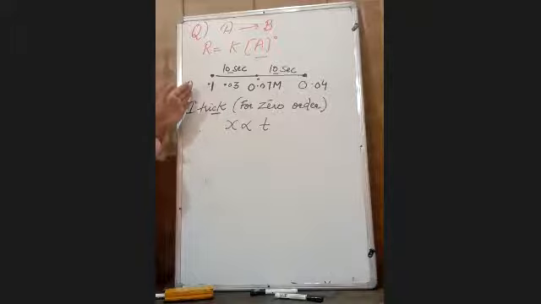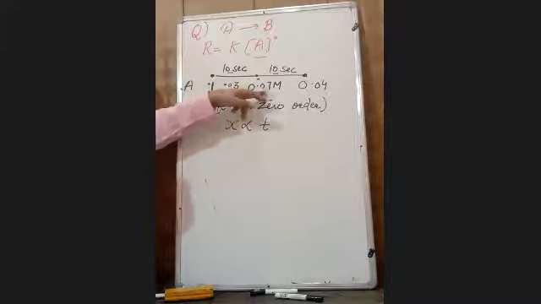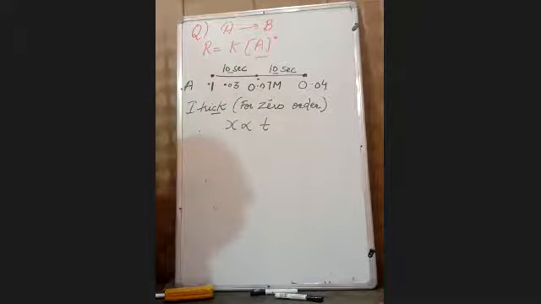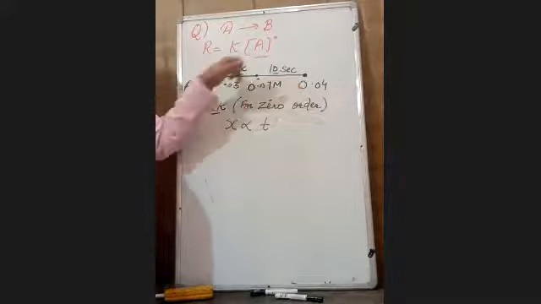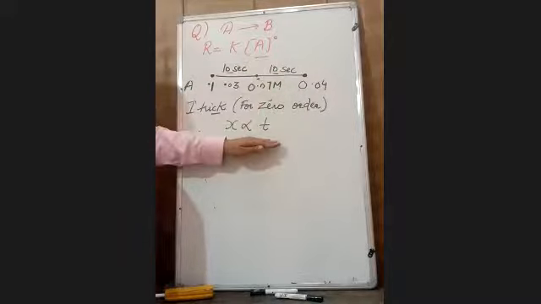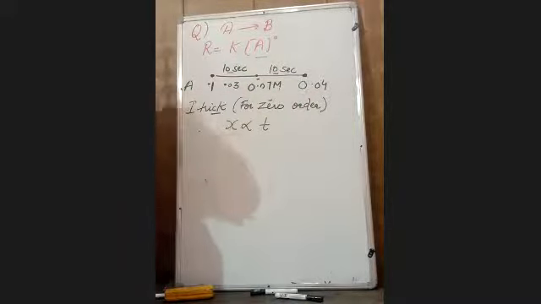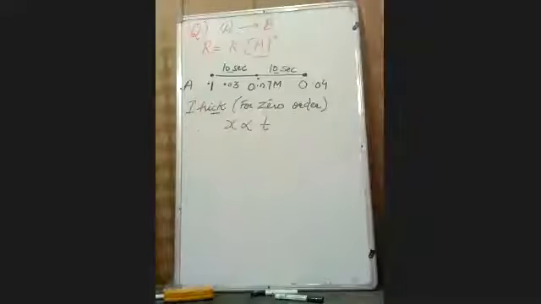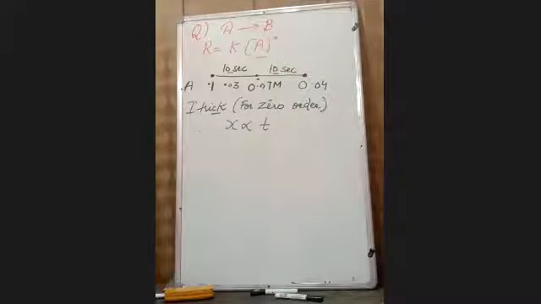In this question, the concentration of reactant decreases from 0.1 molar to 0.07 molar in 10 seconds. What will be the concentration of A after 10 seconds? Time change is same. Answer will be 0.04. I hope there will be no doubt in this question.